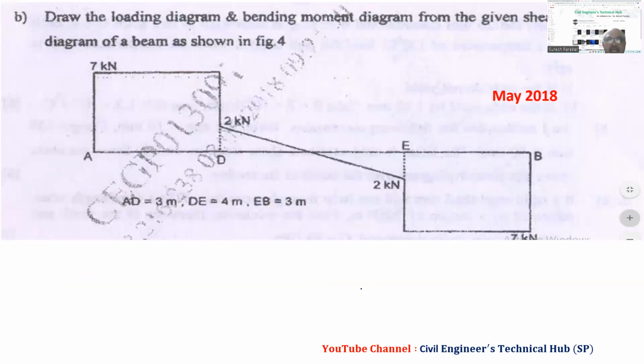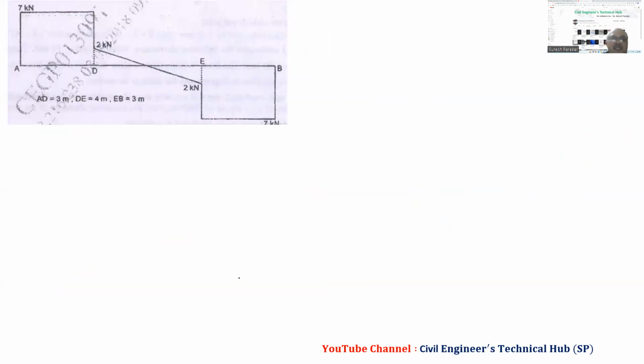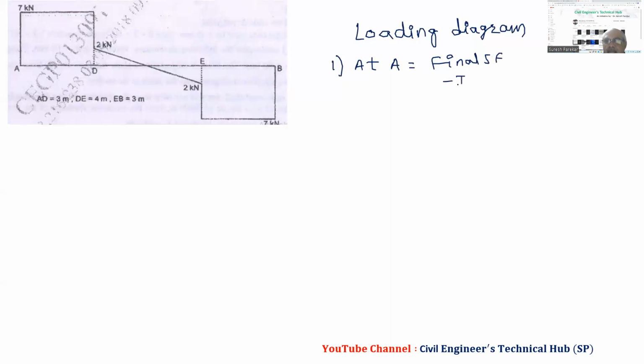Now next, we have to draw the loading diagram and bending moment diagram for this. Now we will start with the loading diagram. First at A, we know final shear force minus initial shear force. Now the final shear force we have is 7, minus initial 0.